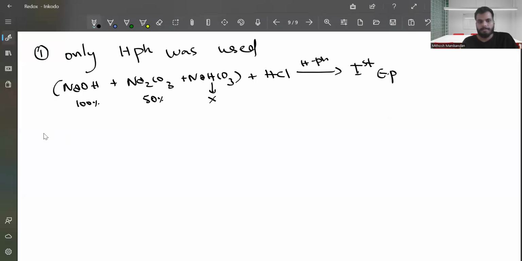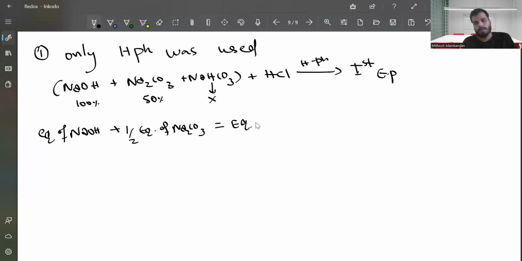So I can write: equivalence of NaOH plus half of equivalence of Na2CO3 should be equal to equivalence of HCl, correct? Equivalence should be equal.